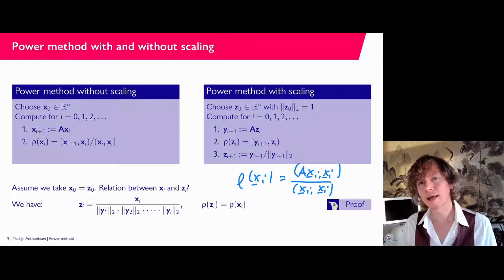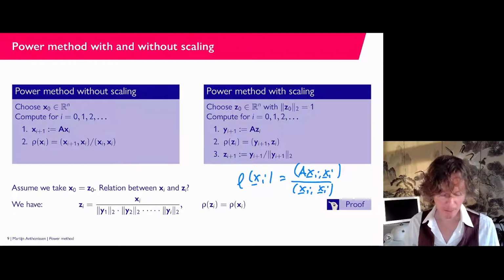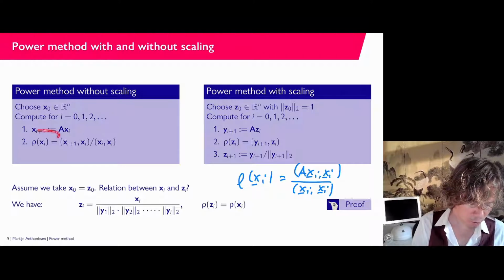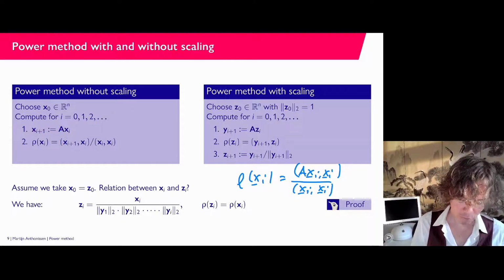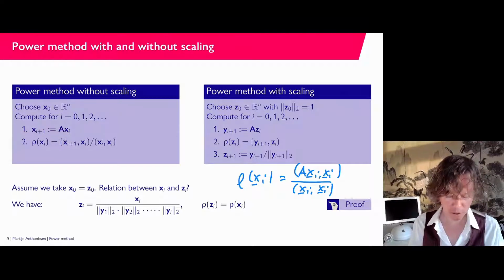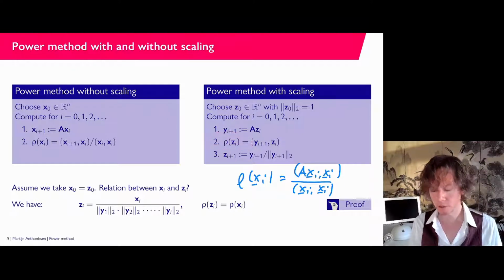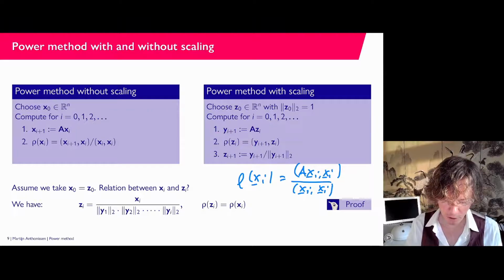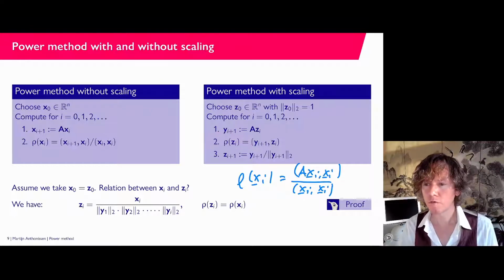The reason I like to do this is that if I want to look at convergence speed, and I'm interested in how many iterations I should take and stuff like that, then for the theoretical analysis I would much rather deal with these factors than with these ones, because you have all this scaling in between and that can be a little bit confusing. So let's see if we can prove the statement here.